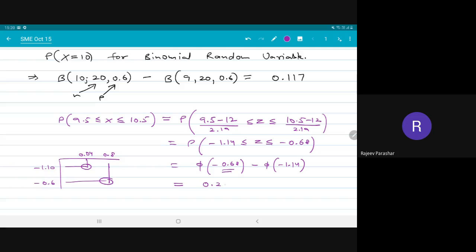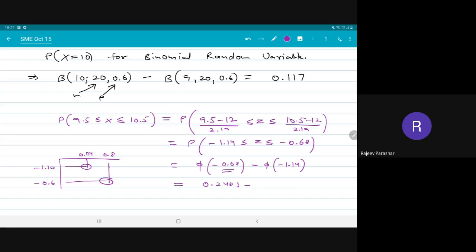Okay, it might be 1.1. Sorry, yeah, 1.1 and 0.1271.